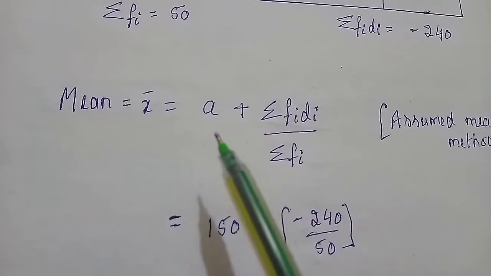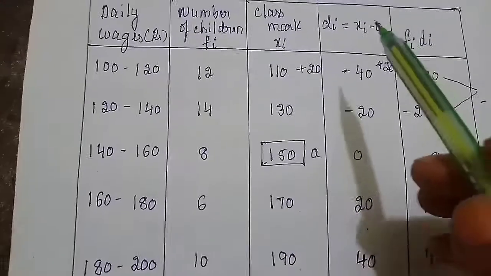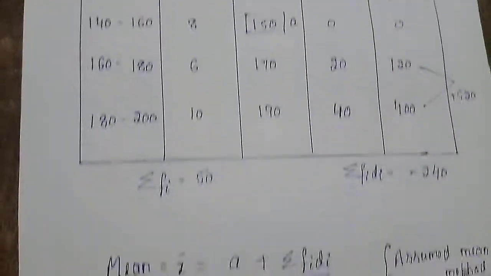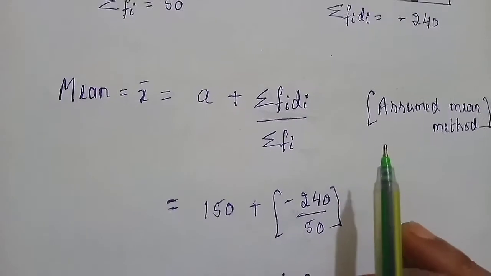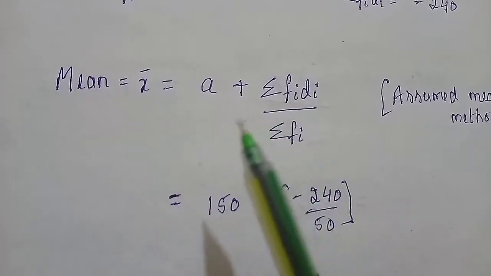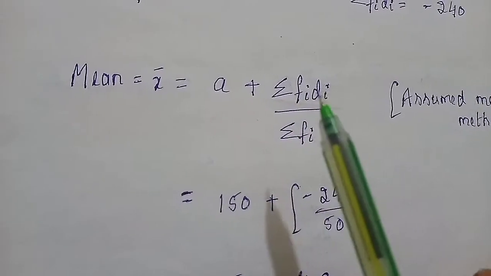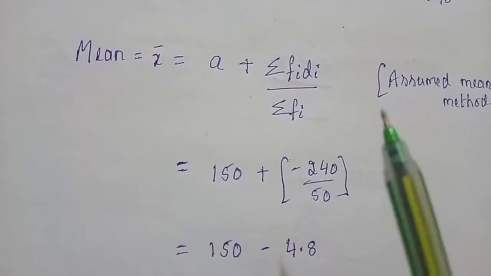And one thing to remember: you are subtracting a in di, so you are adding a in the formula. This is one clue to remember the formula better. Mean x bar equals a plus summation of fi di divided by summation of fi.